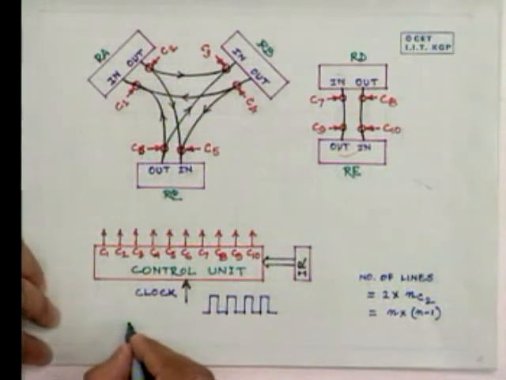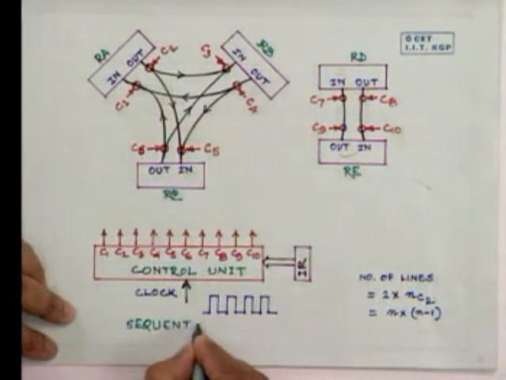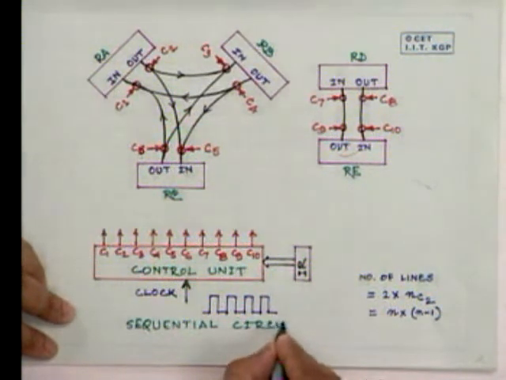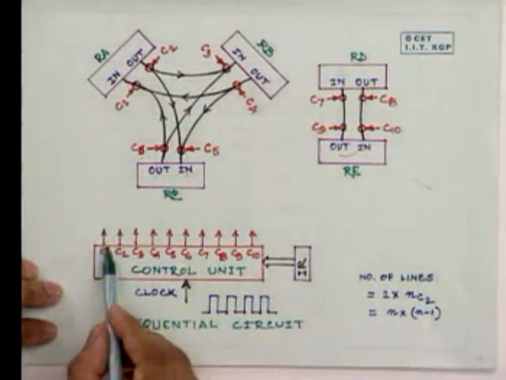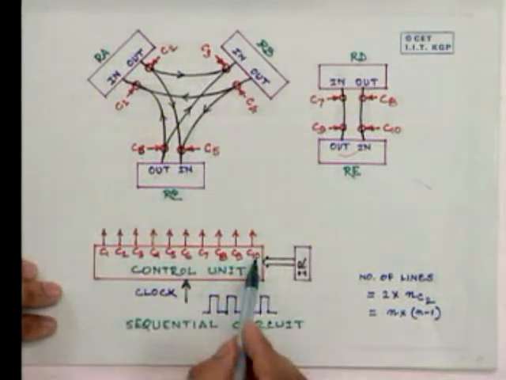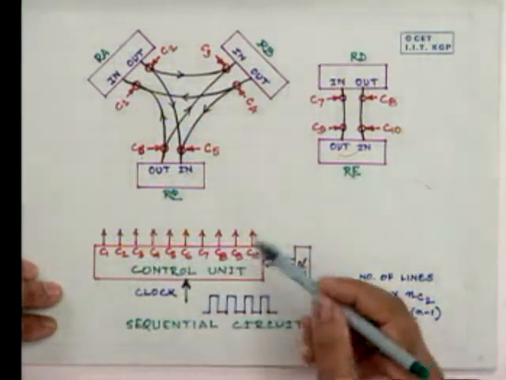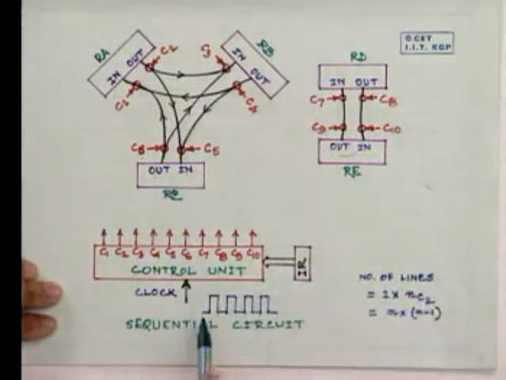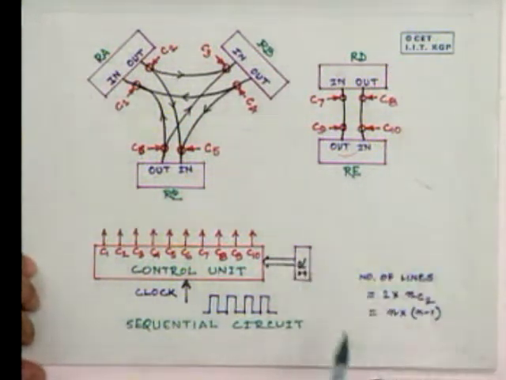Basically, it will be what we know as a sequential circuit. It will go on generating a sequence of control words from C1 to C10, taking that entire combination of bits as a control word, in synchronization with the clock pulses, depending upon the input we have here in the instruction register.